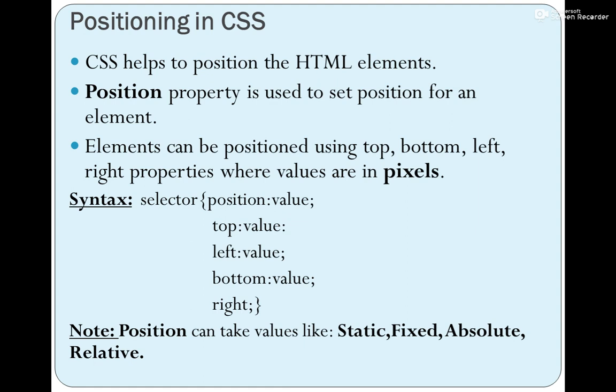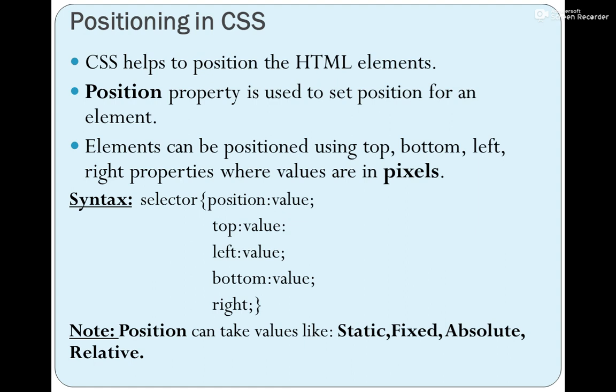Now this is a new property which we will be studying, used for the placement or positioning of the elements. For this, we can use the top, bottom, left and right properties with the position property to allocate a particular position for an element by giving values in pixels for these properties.